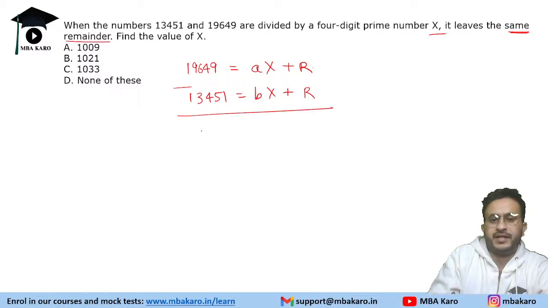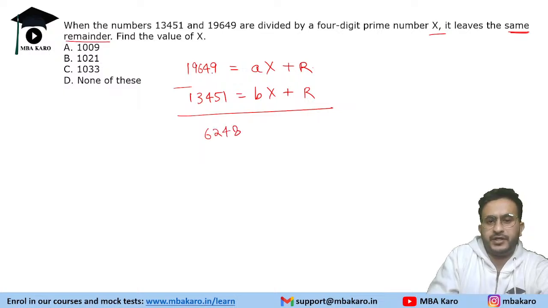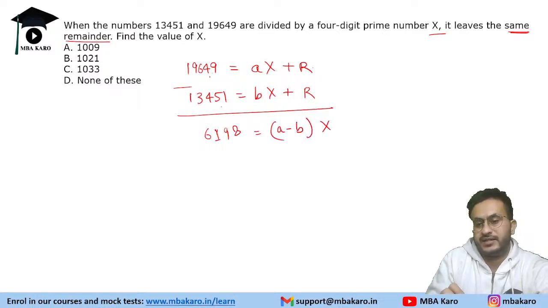Okay, so when we subtract, we will get 6198, that is equal to (a - b) times x, and r will be cancelled out.